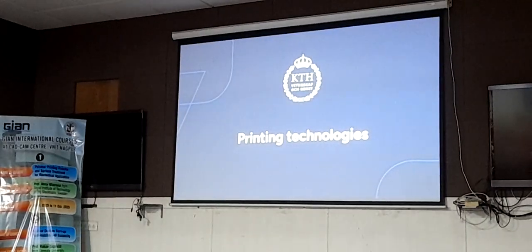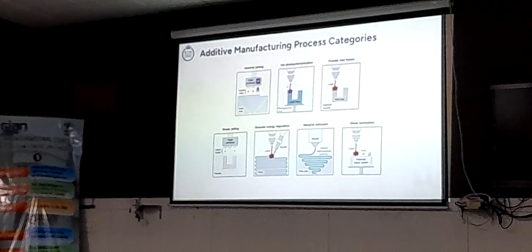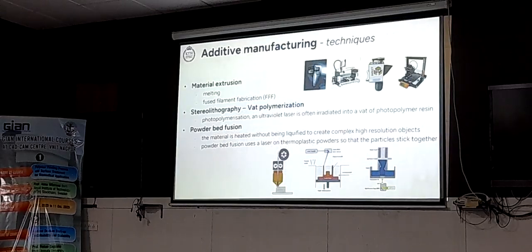See what's actually happening. And as I said, there are numerous different techniques and different variants, and the labs create their own printing techniques and details. So it's difficult to give an overview of that. So I decided that I will present to you 3 different techniques, and that is the material extrusion.